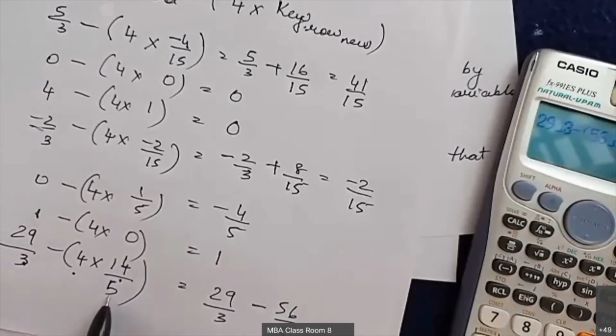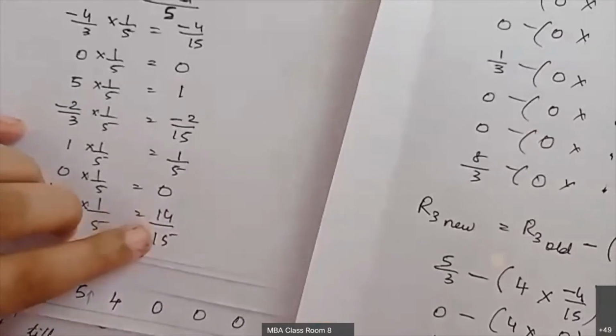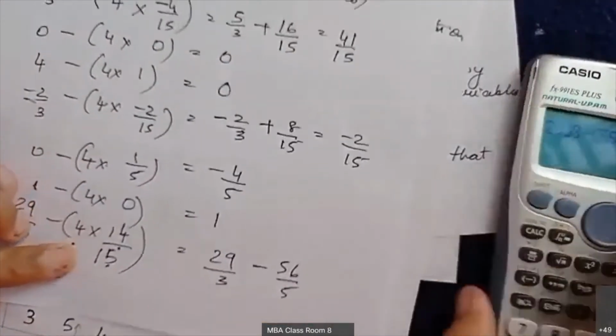Okay, sorry, here it is 14 divided by 15. Okay, the key row's value is, I made a mistake. See, it is 14 divided by 15. Okay, so you have to write here 14 divided by 15. Okay, so my value went wrong.